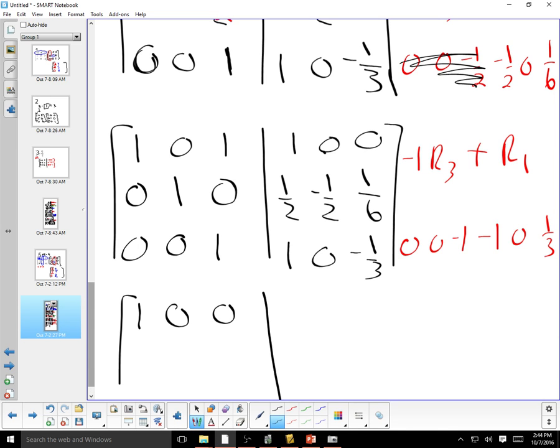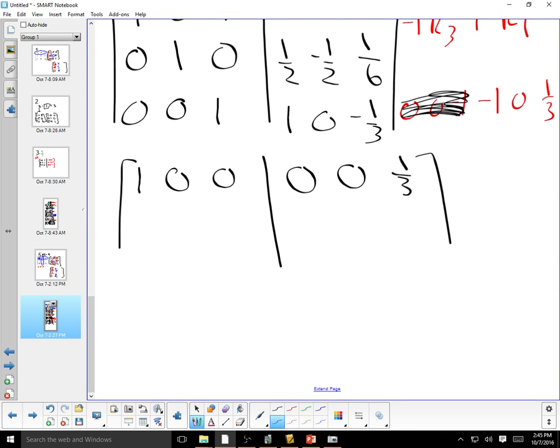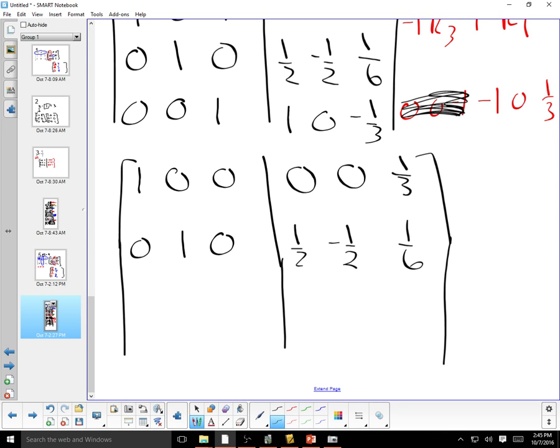That's what I wanted. 1 minus 1? 0. 0 plus 0? 0. 0 plus 1/3? 1/3. Now the other rows don't change, do they? No. All right, cool. So let me just copy them over. So I've got 0, 1, 0, 1/2, negative 1/2, 1/6, 0, 0, 1, 1, 0, negative 1/3.